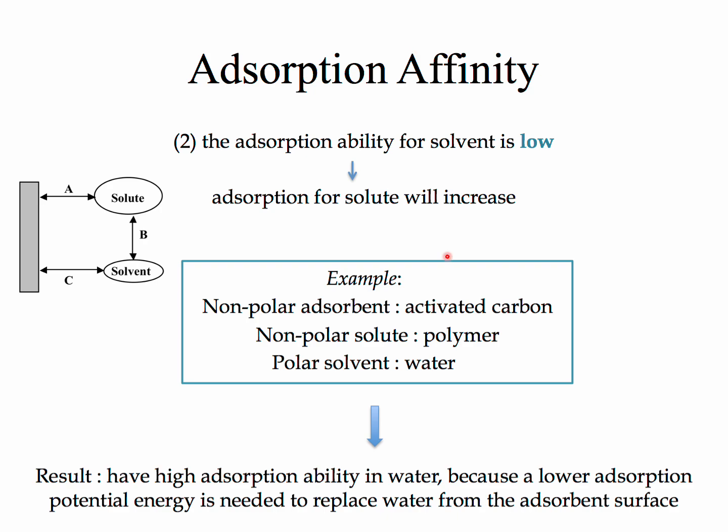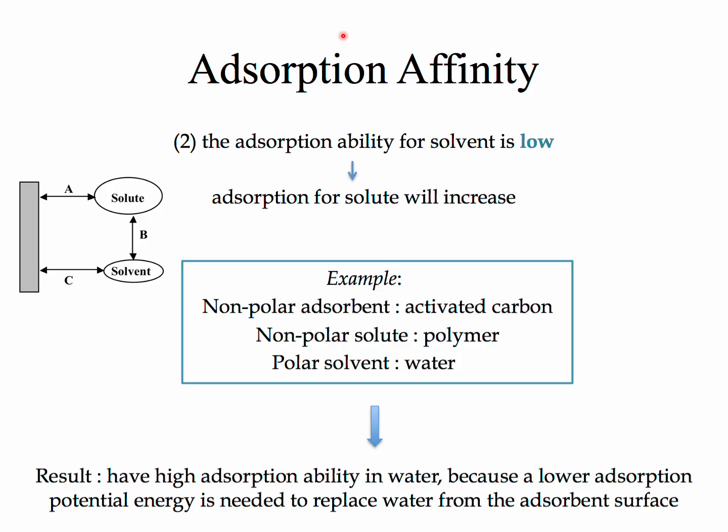Okay, let's look at the example given here. Here we have a non-polar absorbent such as activated carbon, and a non-polar solute such as a polymer in a polar solvent, which is water. In this case, the polar solvent does not interact strongly with the non-polar surface. So water molecules are not strongly attached to the surface and can be easily displaced.